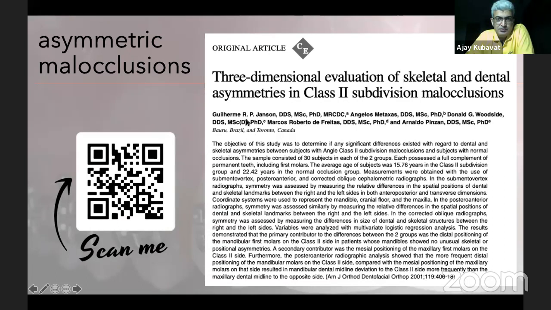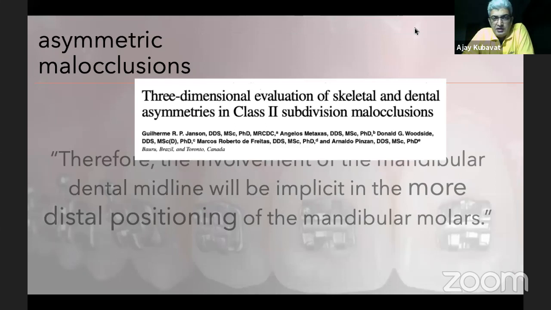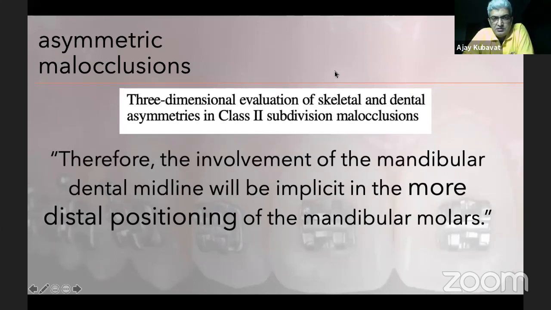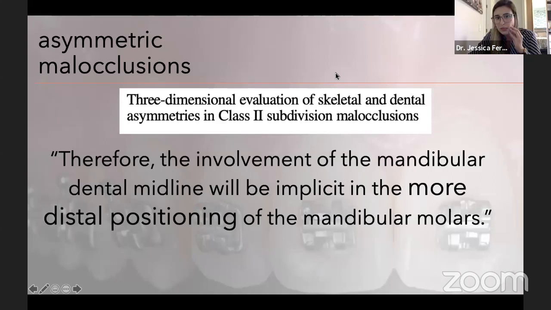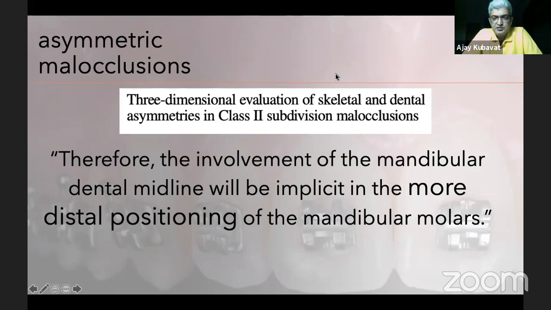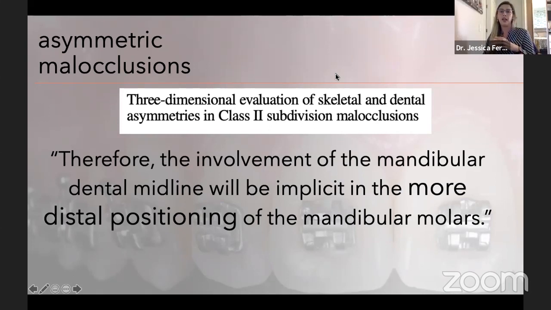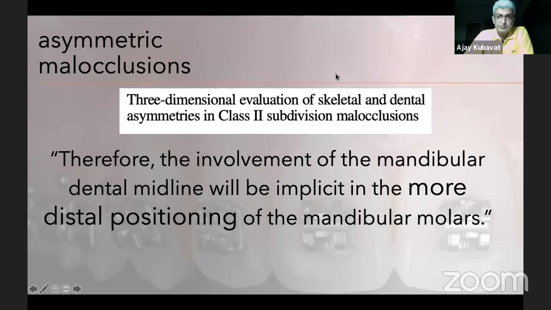Which pattern of extraction would you prefer when thinking about the fixed functional appliance in subdivision cases?